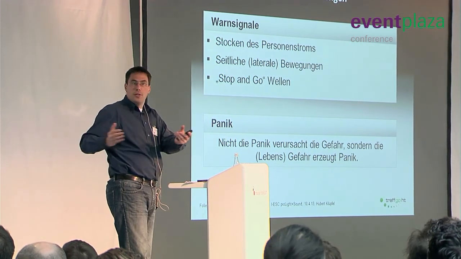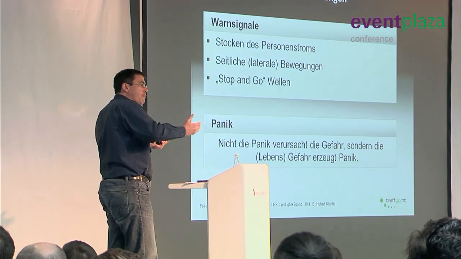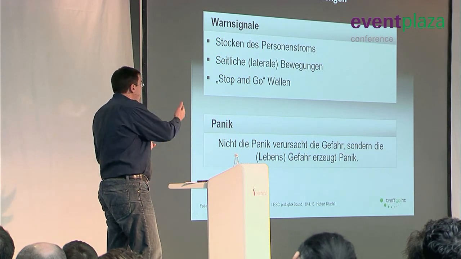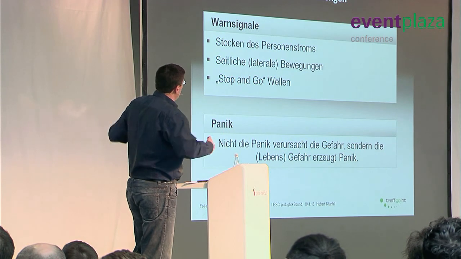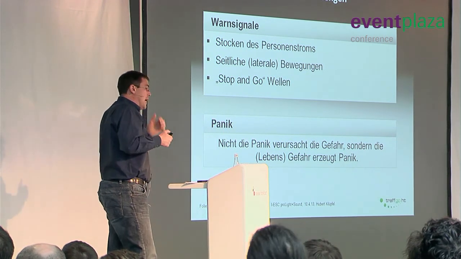And this makes sense once you put it into a relationship with the preparations, with the scenario that you have developed. You have to come up in advance with a solution for a situation of panic or even a lower level of problems, such as a halting of the crowd.